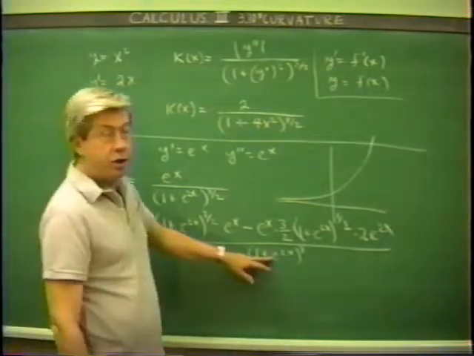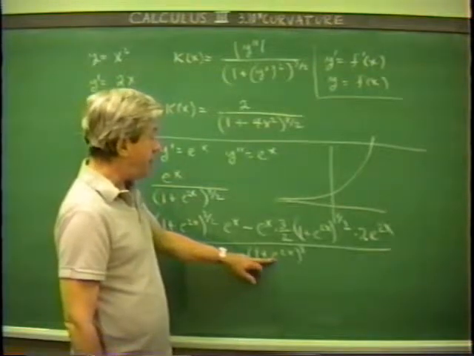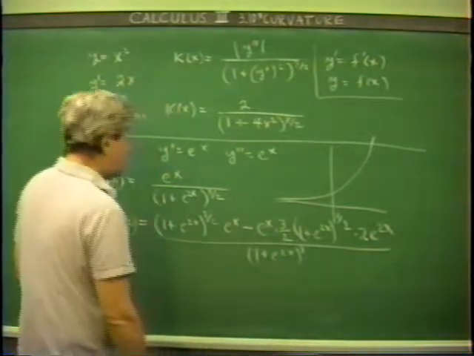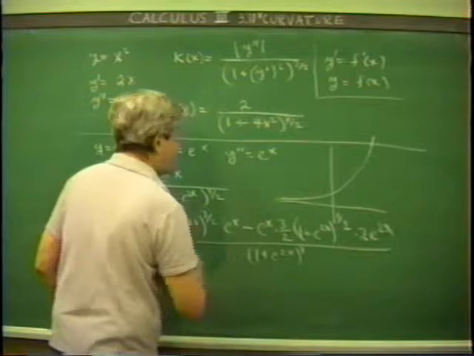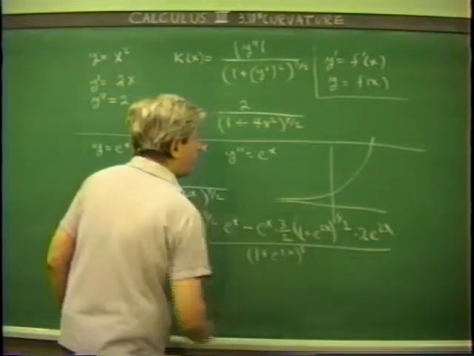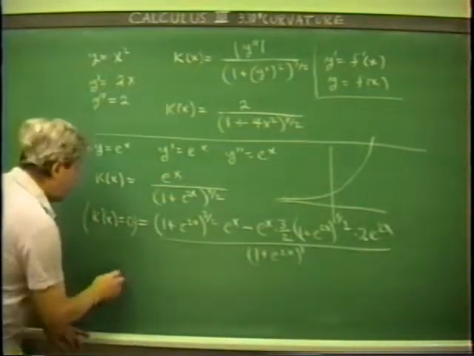We want to know when this is equal to 0. And so we don't have to concern ourselves with what happens in the denominator. This will be 0 when the numerator is 0.